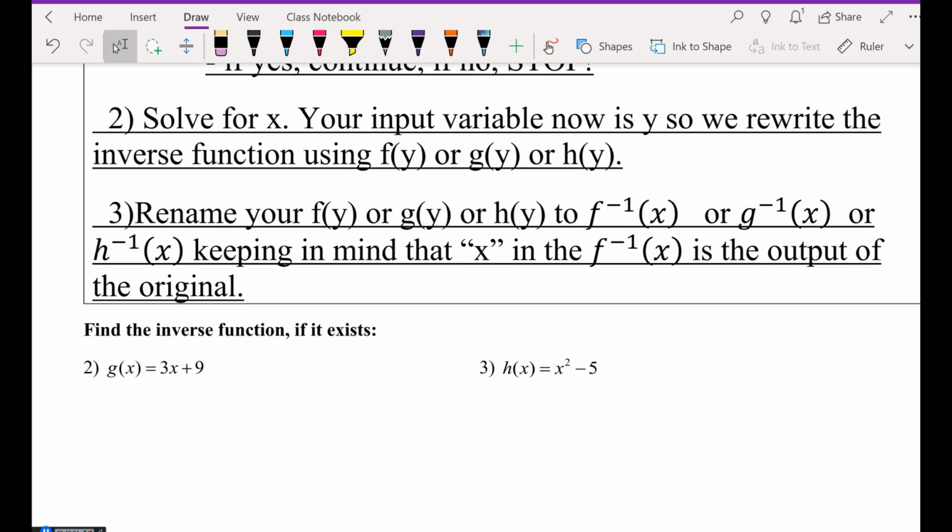We write it this way because we know the x and y are switched. But the world doesn't really recognize this symbol, guys. The world only recognizes this symbol, f inverse of x. This x is the input of the inverse function. Would you guys agree? But this x is technically what of the regular function?